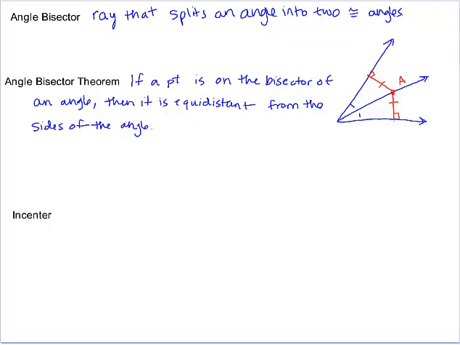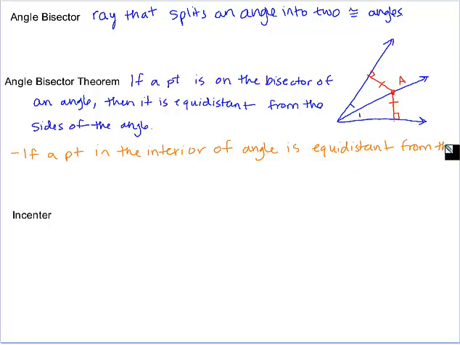So the angle bisector theorem would also tell us if a point in the interior of an angle is equidistant from the sides of the angle, then it is on the bisector of the angle.